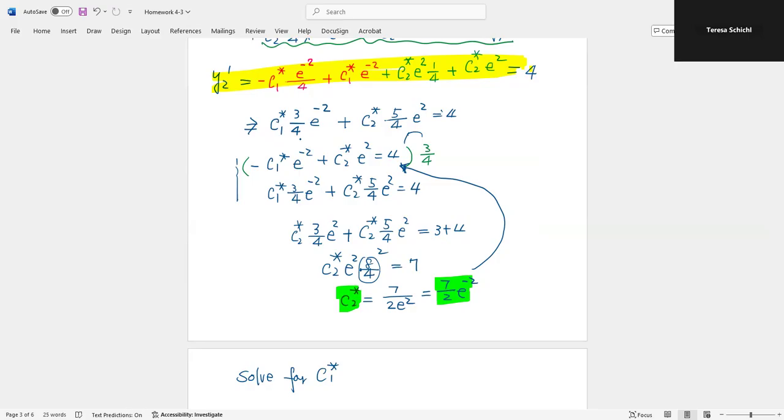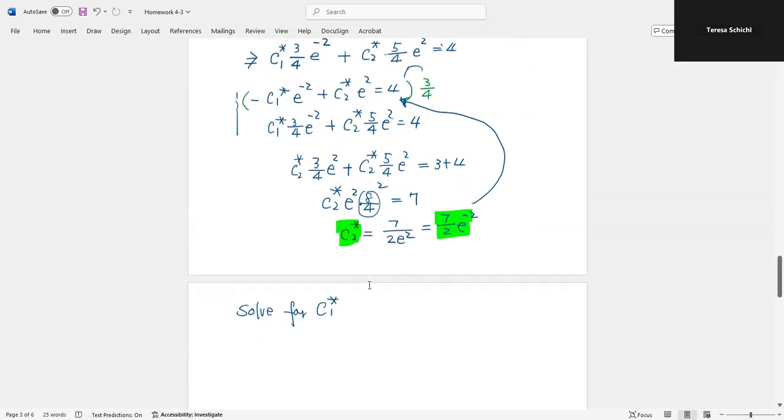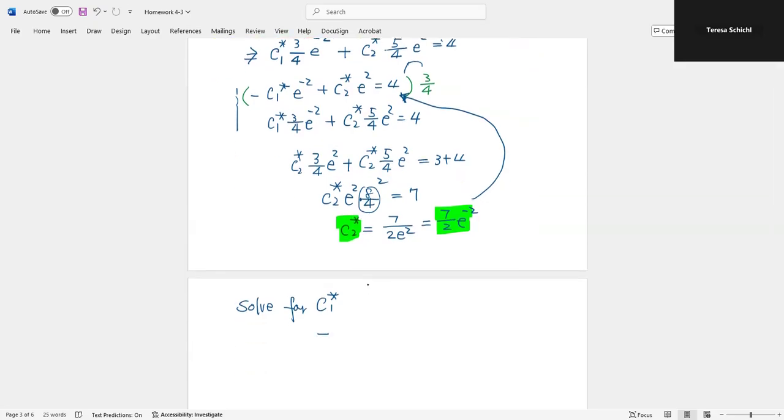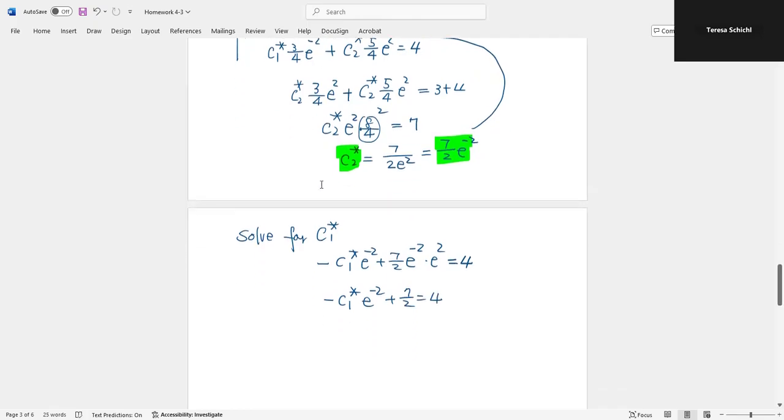So your C1 is going to be, let's see here: negative C1 star e to the negative 2 plus 7/2 e to the negative 2 times e^2 equal to 4. So negative C1 star e to the negative 2 plus 7/2 equal to 4, right?